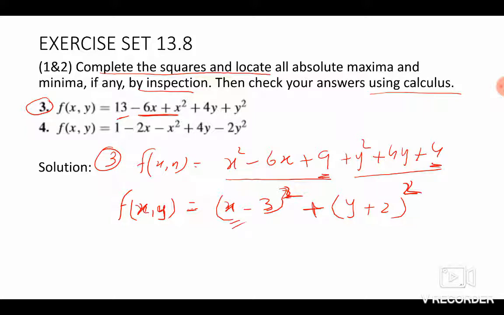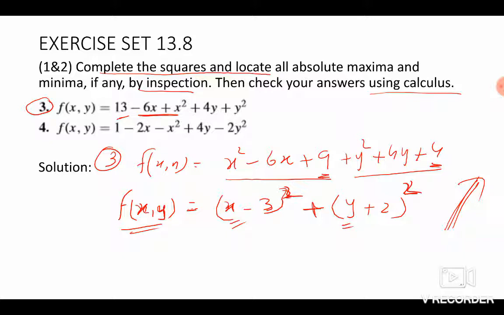Whatever the input for x and y, you will get a positive answer. So as x and y increase, f will increase, so you are moving towards the maximum. There is no maximum. For every increasing x and y, the value of f increases, isn't it? So we cannot finalize the maximum. It keeps going.